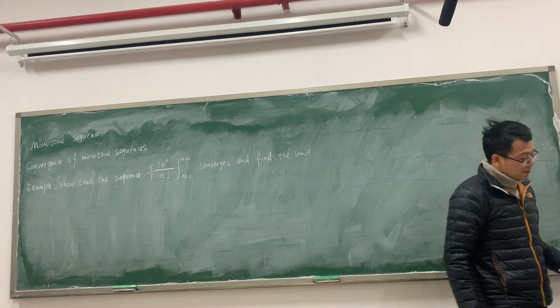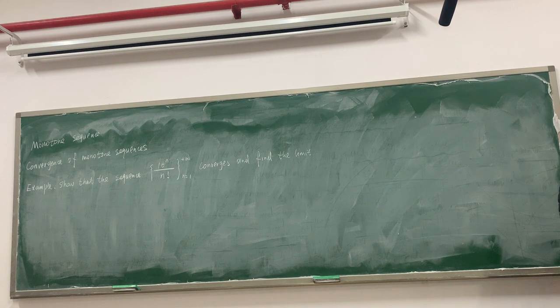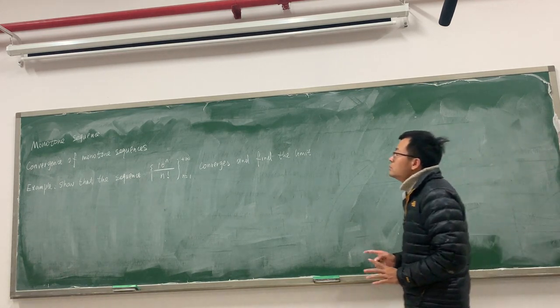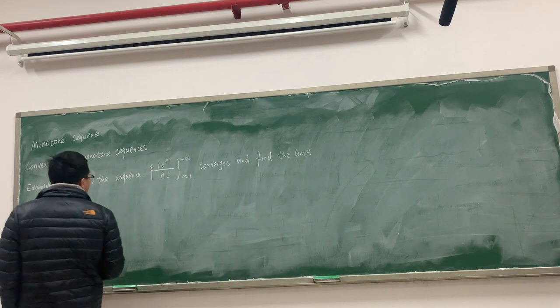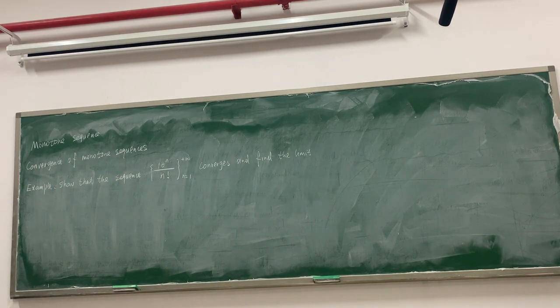So, show that the sequence 10^n over n factorial converges, and find the limit. Here we just prove that the sequence is eventually decreasing.